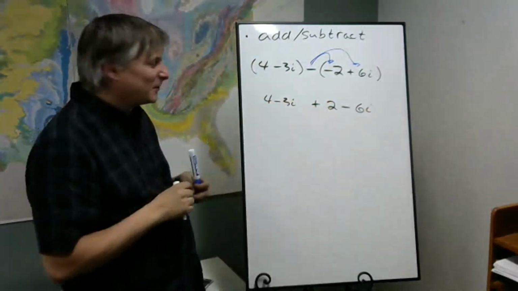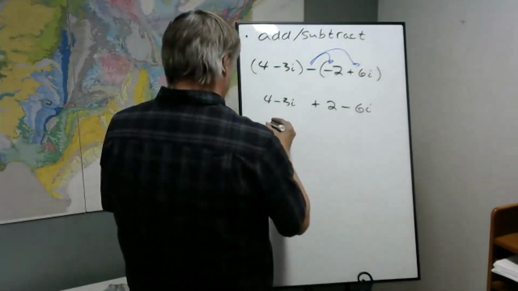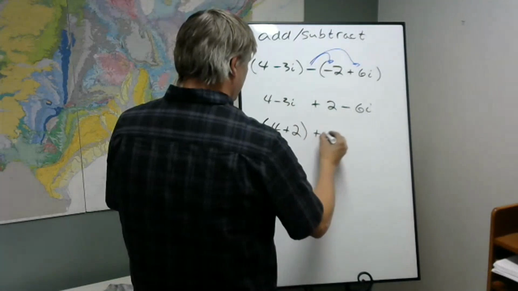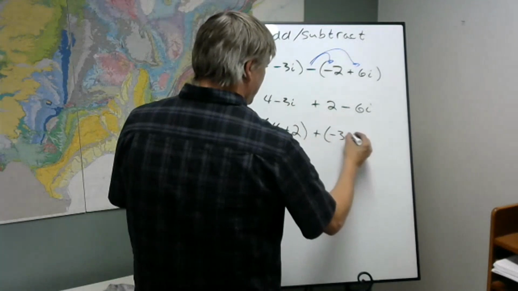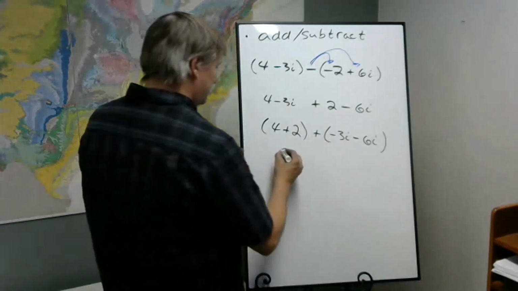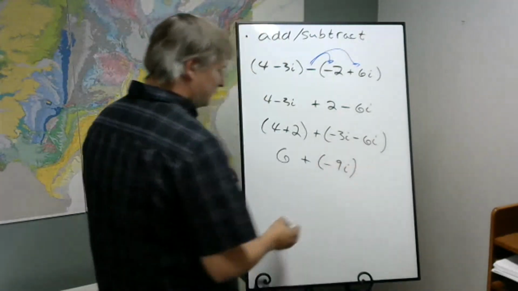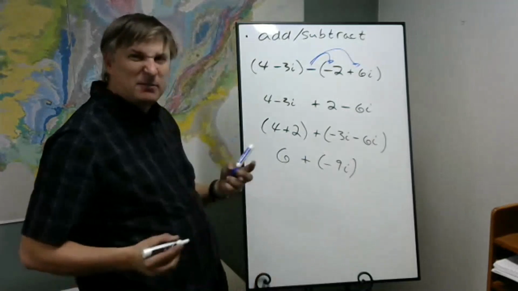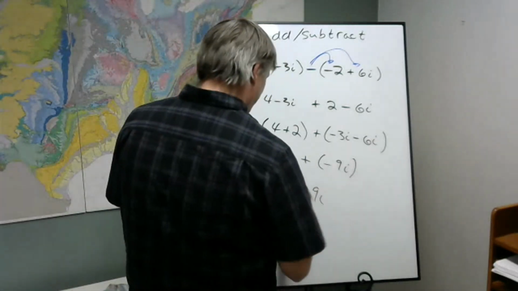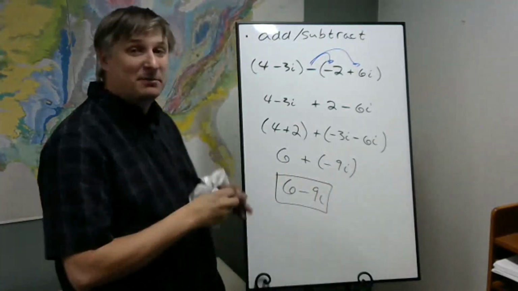Don't need the parentheses anymore. So now we combine like terms. So for the real part, 4 plus 2, plus negative 3i minus 6i. We'll get 6 plus negative 9i. Plussing a negative is the same as subtraction. 6 minus 9i. And that's going to be our answer.